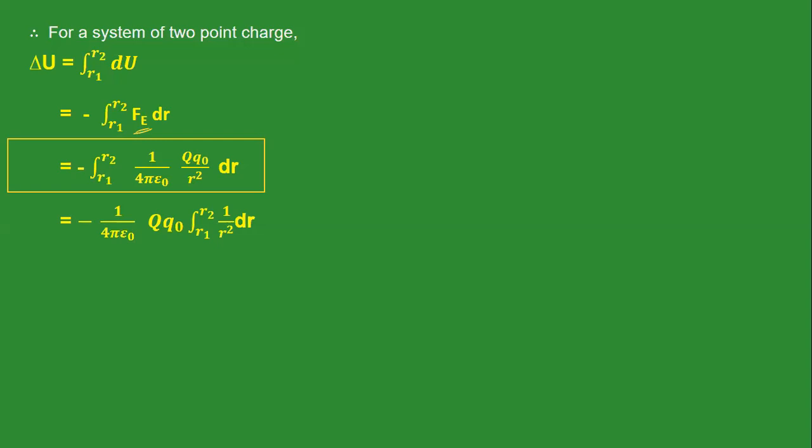Now we have to simplify this. 1 upon 4 pi epsilon 0 is constant, Q into Q0 is constant, so we integrate 1 by r square dr. This integration of 1 by r square dr is minus 1 by r.